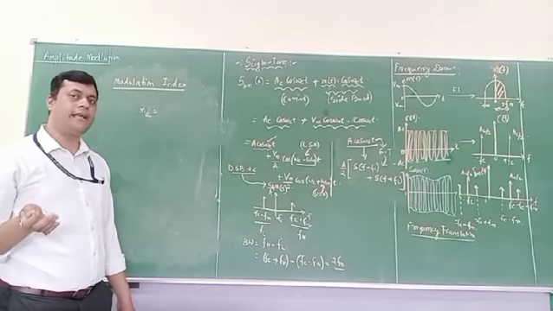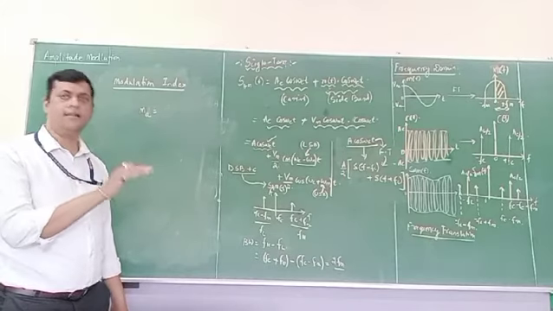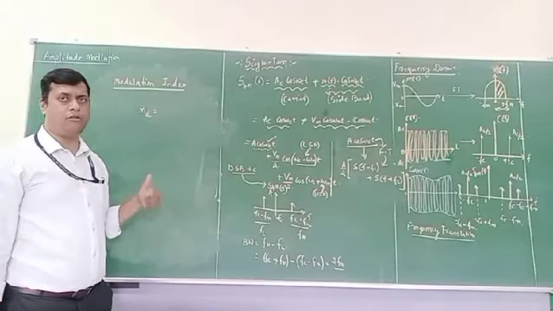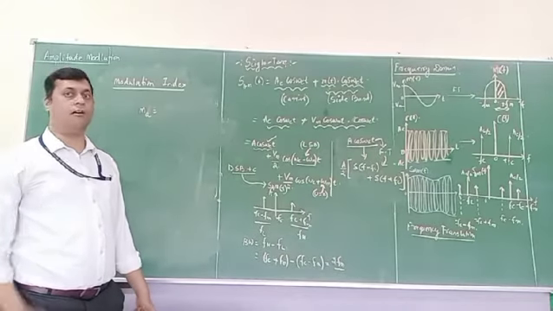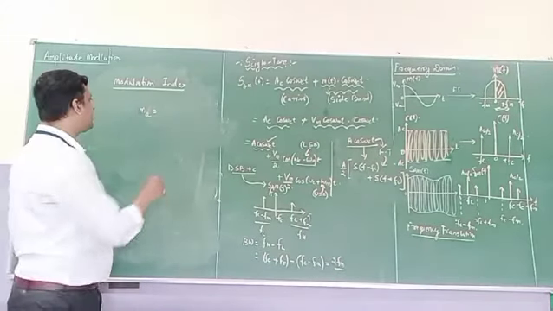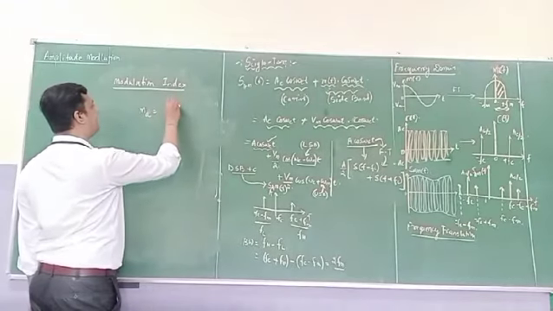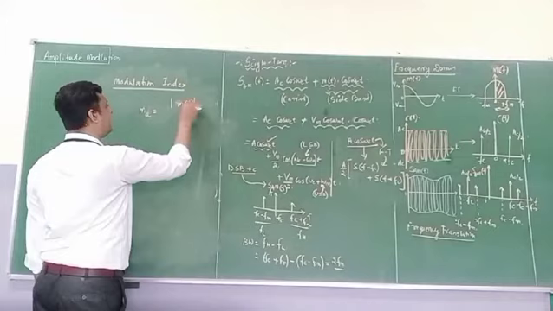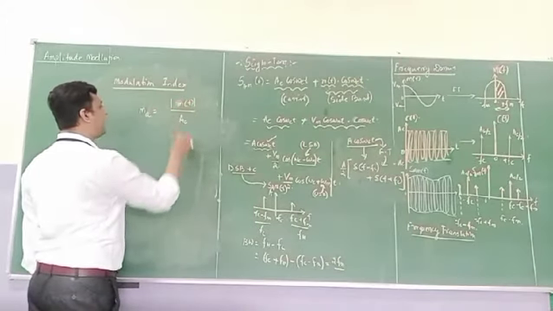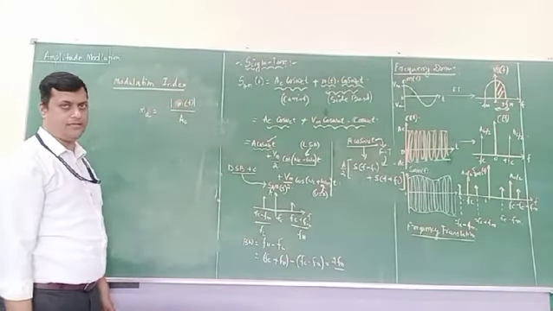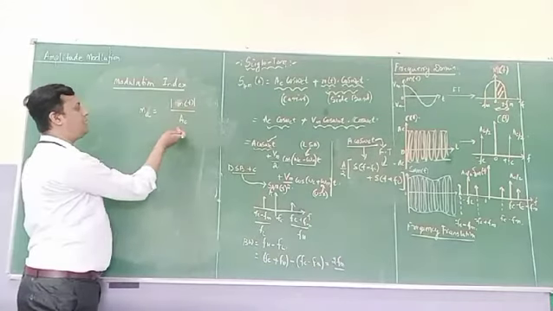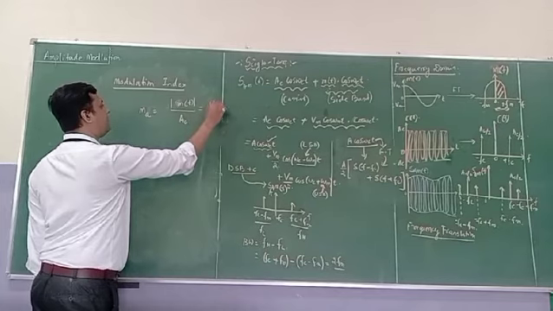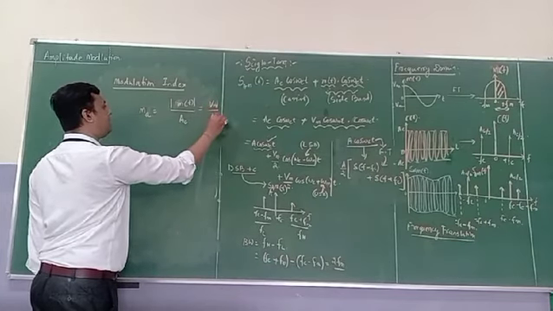It is also called the amplitude sensitivity of a particular modulator, or the depth of modulation or degree of modulation. All the terms are the same. So the modulation index indicates the magnitude of the modulating signal divided by the magnitude of the carrier signal. Now this m of t magnitude, I can write as Vm, so Vm divided by Ac.